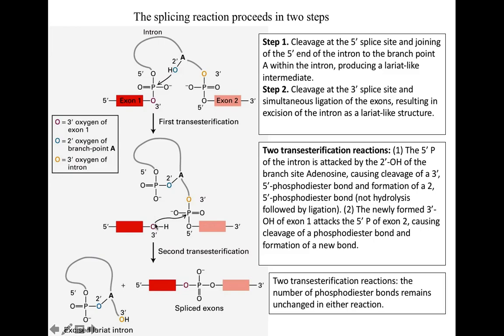Now this 3' hydroxyl attacks, in the second transesterification, the 5' phosphate of exon 2, thereby cleaving it from here. This is the second transesterification reaction, and the two exons are joined together by a normal 5', 3' phosphodiester bond. The intron is then removed from this complex, and we are left with a lariat structure where we have a 2', 5' phosphodiester linkage, and a free floating 3' hydroxyl end.